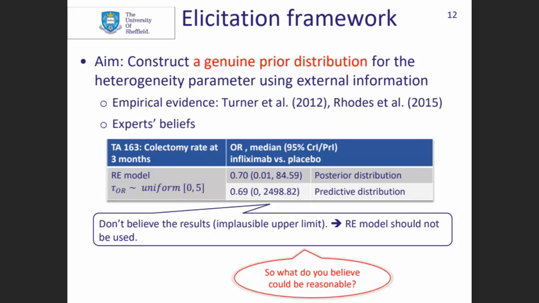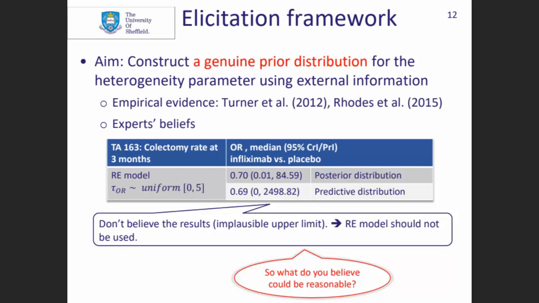And the external information could also be in the form of experts' beliefs, experts' opinion. Let me revisit our TA example and show you what I mean, how I think we could use experts' beliefs in this case.